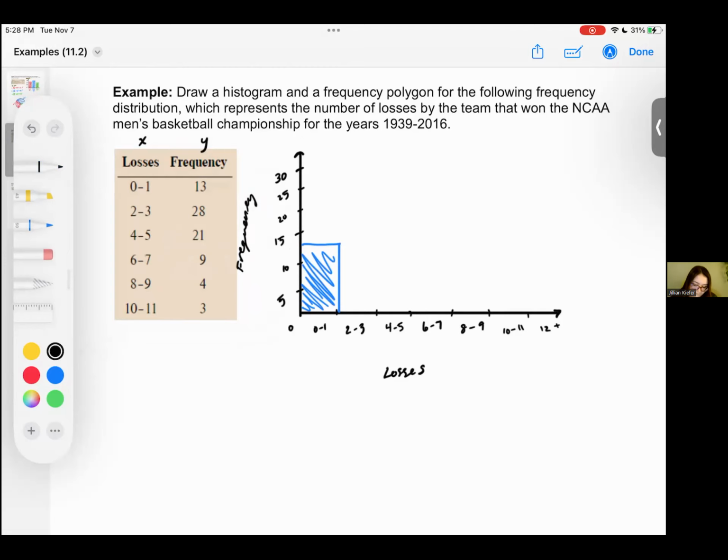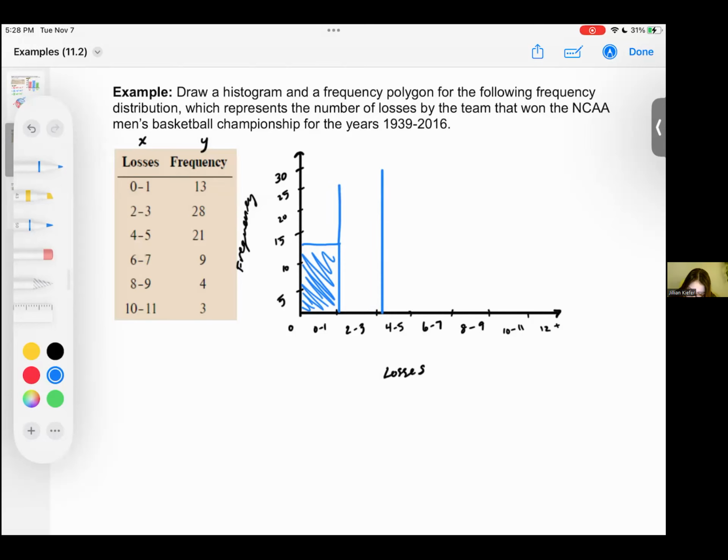All right. Our next one, 2 to 3, is 28. So this is the one that almost reaches 30. So it's definitely going to be quite tall here. So definitely going to be the tallest one. Maybe a little longer, maybe about right there.